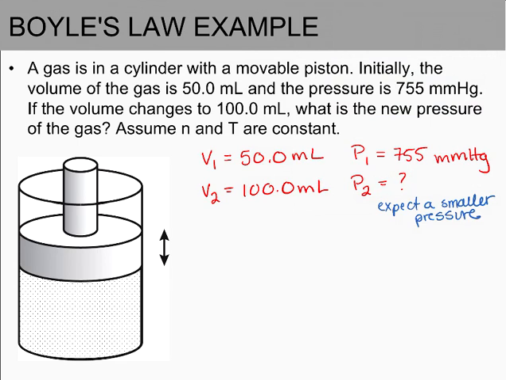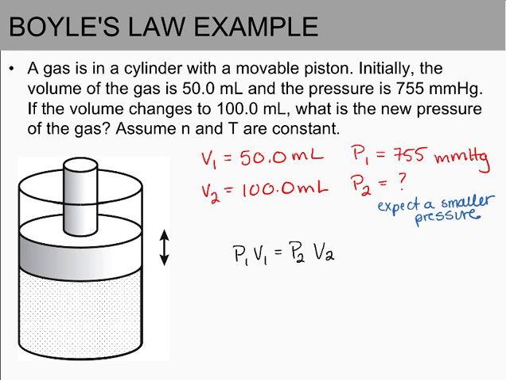So again, we're going to use that equation P1 V1 equals P2 V2. And there's a couple different ways that you can set this up. So you could just directly plug in your values that you know, and then solve for the value that you don't know. Or you could rearrange the equation initially to solve for the variable that we don't know.